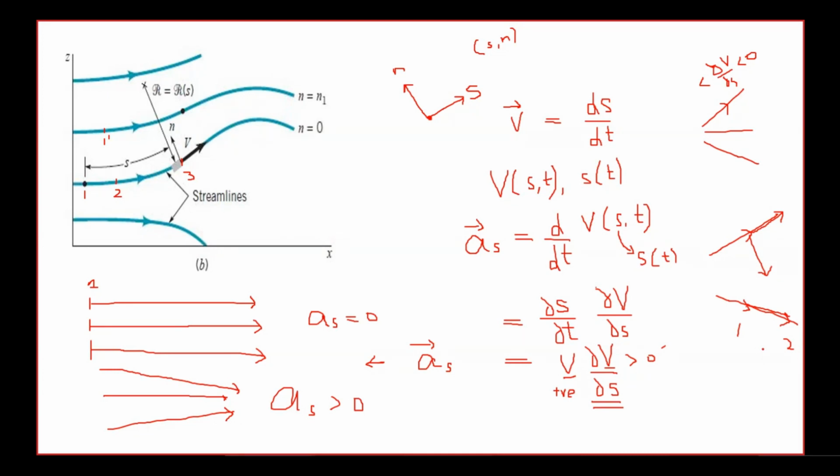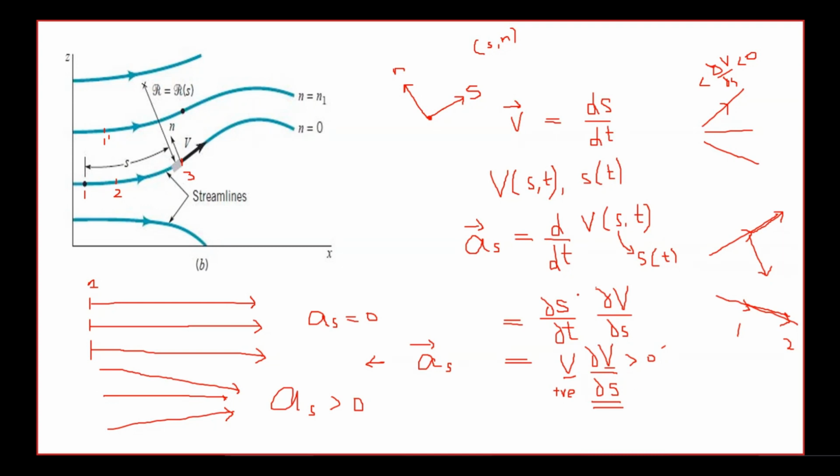So velocity is positive, but partial V by partial S is negative. So for AS to be negative, one of the components should be negative. For AS to be positive, both of the components should be negative or both should be positive. The magnitude as well as the direction. Understood?